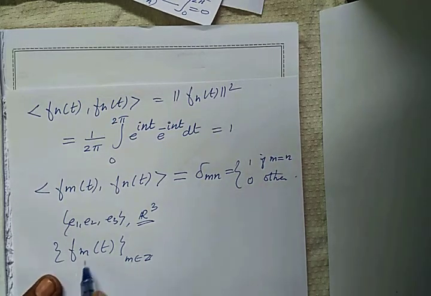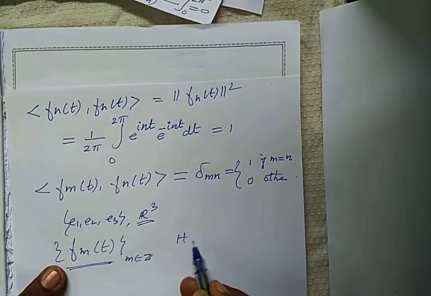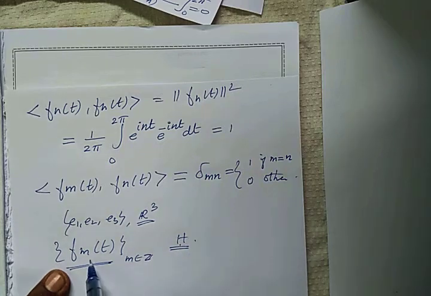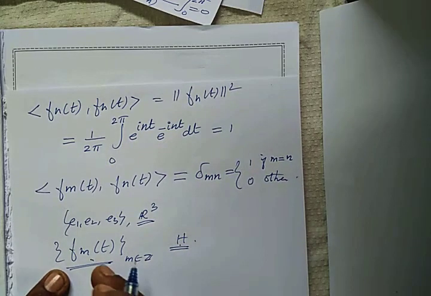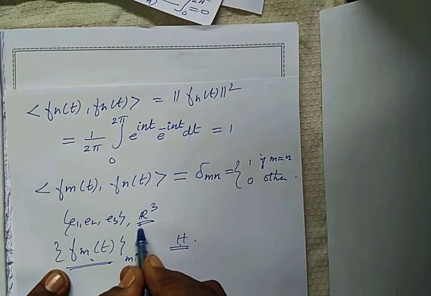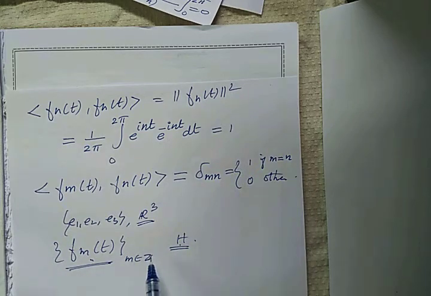Similarly, since this forms an orthonormal basis for H, every continuous function in H is a combination of these functions. Here the coefficients can be found very easily through the dot product. Similarly, here the coefficients can be found through the inner product. They are those a_n and b_n formulas.